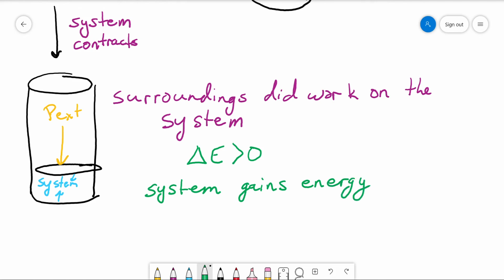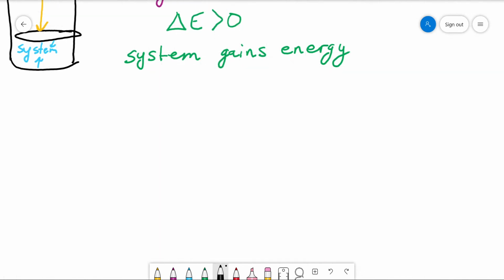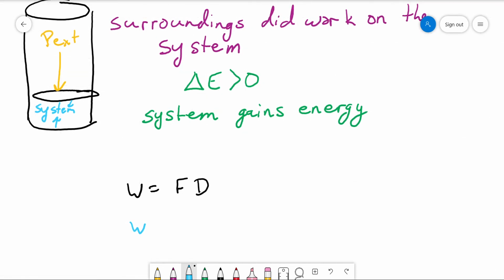Okay? So if you remember back to the definition of work, work is equal to force acting over a distance. Now, I'm not going to go through the whole derivation because I find it tends to be, well, boring. If you want to look at it, go ahead and look at it in the book. I'm just going to give you the final equation because we don't really have a force here that's easy to pick out, and we don't have a distance that's easy to pick out.